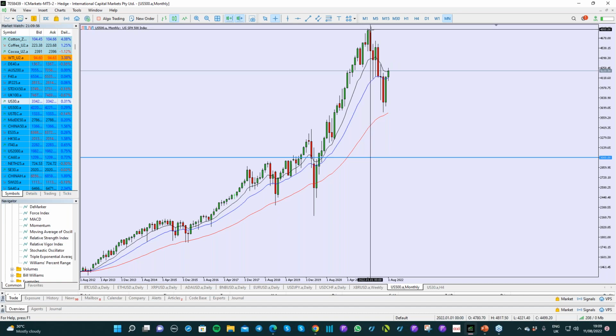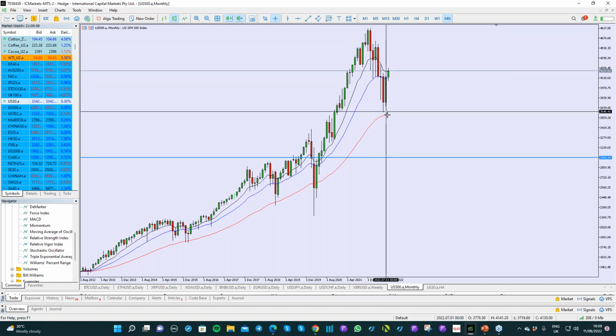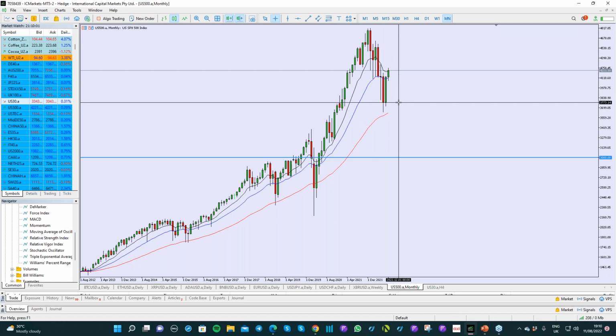Basically, from January 2022, the market has been bearish on the US indices, as well as other indices across the globe. And a lot of people have started seeing that as doom and gloom. Are we about to enter a recession, etc.?